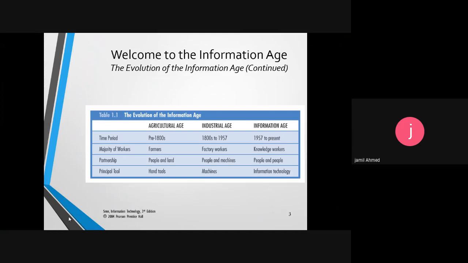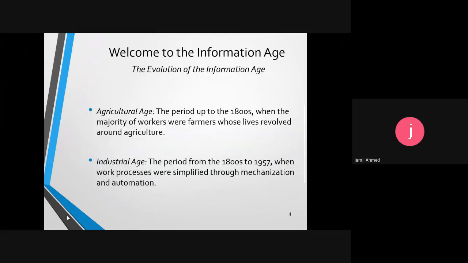But in the industrial age, from 1800 to 1957, factory workers, people, and machines were the tools, and the partnership was there. But in the information age, from 1957 to present, knowledge workers are the majority of the workers, and people and information technology are the principal tool. That's why we can't avoid information technology at all.